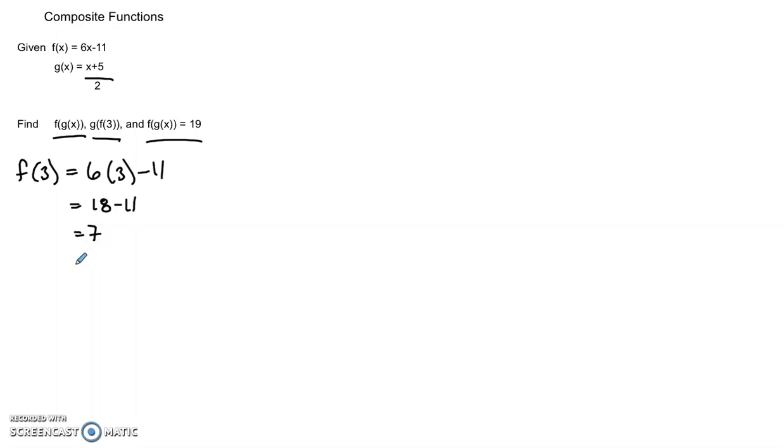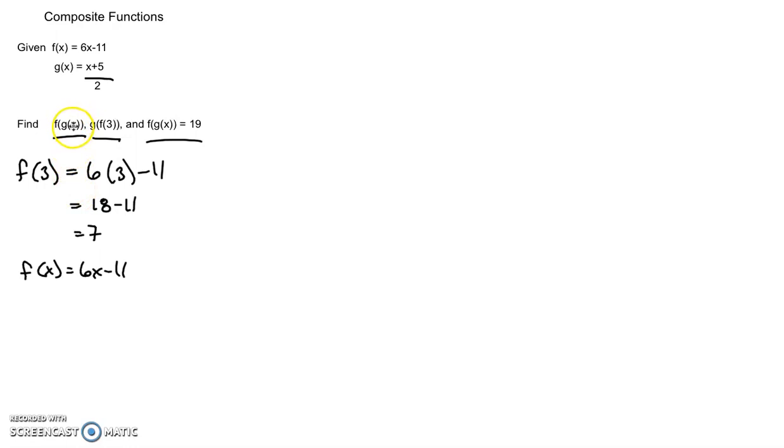We're going to apply the same principle when we're solving for f of g of x. So we start with what's on the left-hand side. It's like we're reading a word. We start with the left and work our way in. So f of x equals 6x minus 11. But we don't want f of x, we want f of g of x.